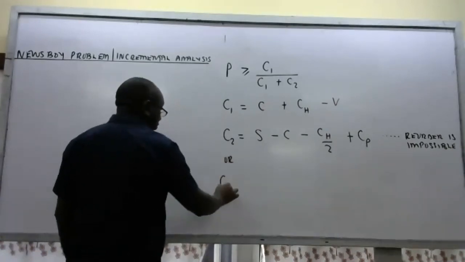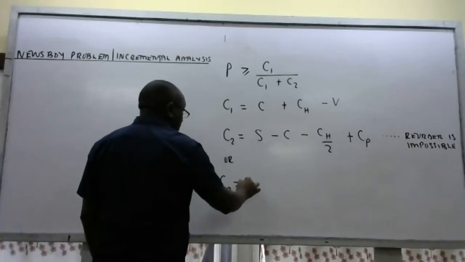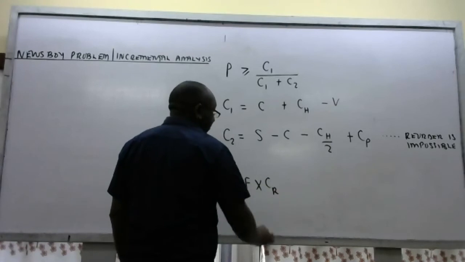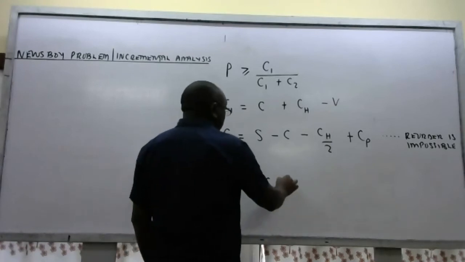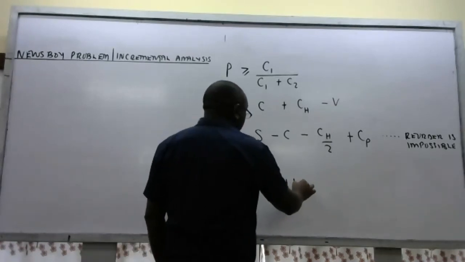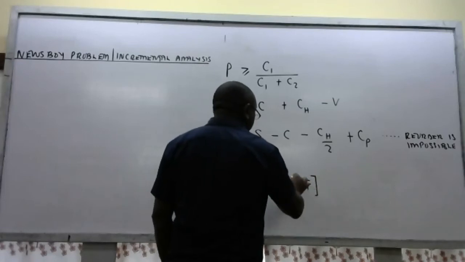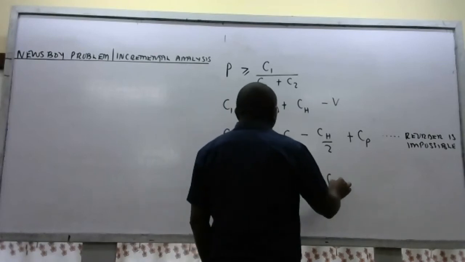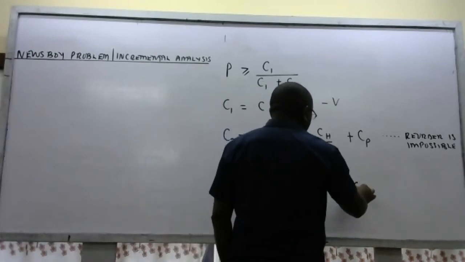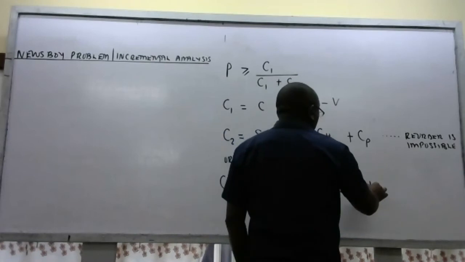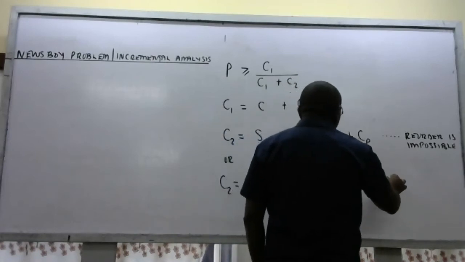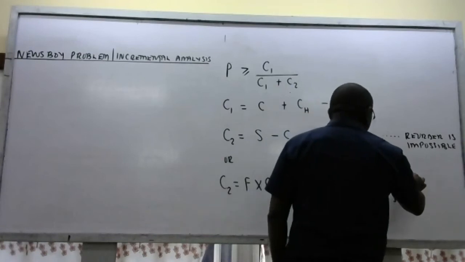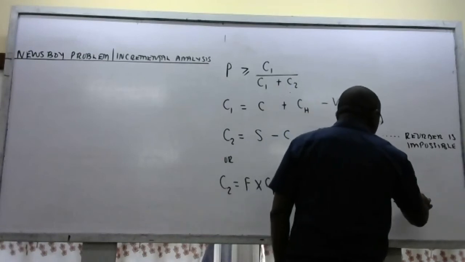Or C2 is equal to F times CR plus 1 minus F multiplied by S minus C plus CP minus CH out of 2.